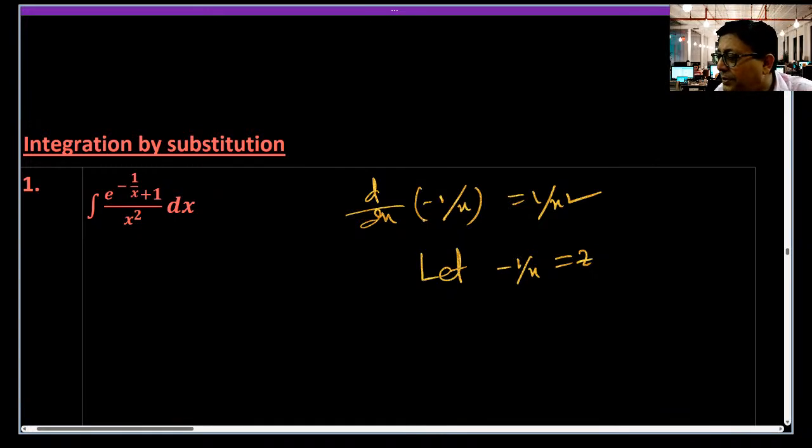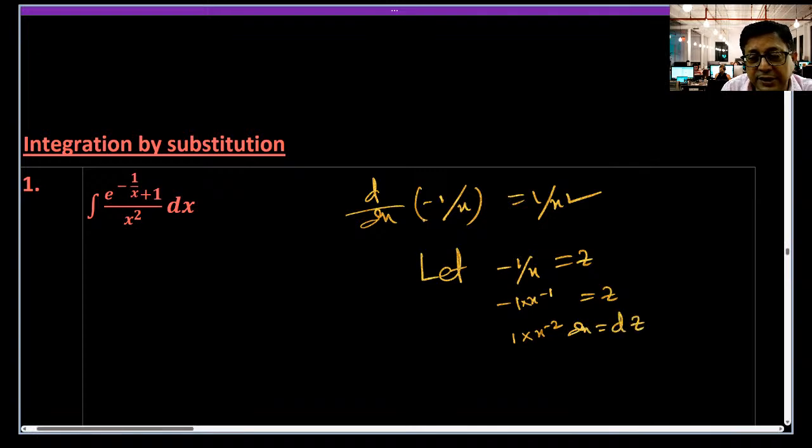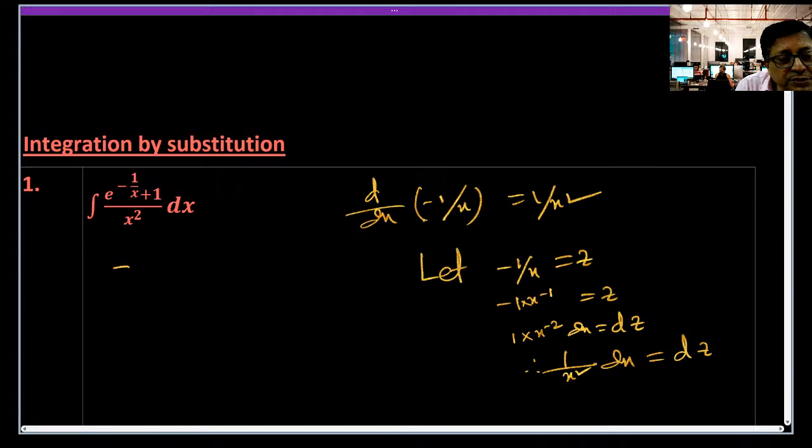So what is its derivative? Its derivative is minus 1 x to the power minus 1, no? So differentiate, minus minus plus 1 equal to dz. Therefore 1 by x square dx equal to dz. So there will be e to the power z plus 1 dz.